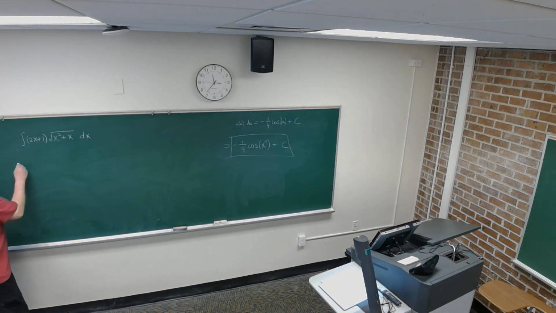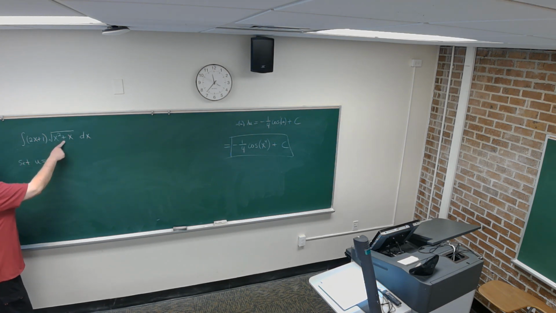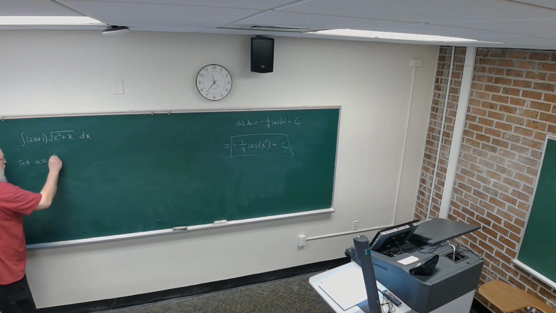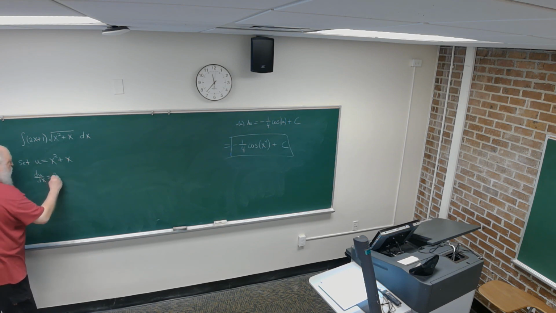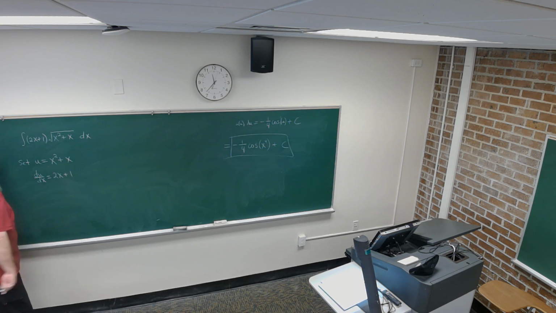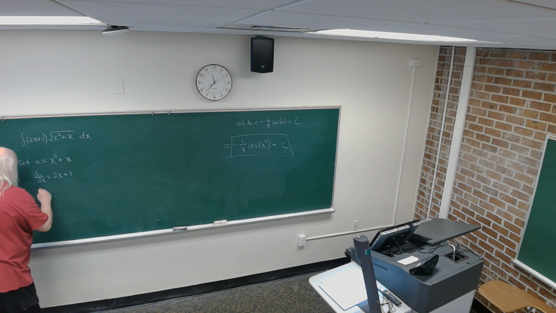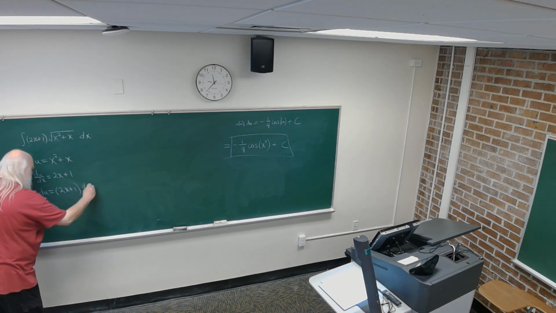So a good choice here is to set u equal to what's under the radical, x squared plus x. And then when you differentiate u with respect to x, you get 2x plus 1. And then when you multiply both sides by dx, you have du is equal to 2x plus 1 dx.